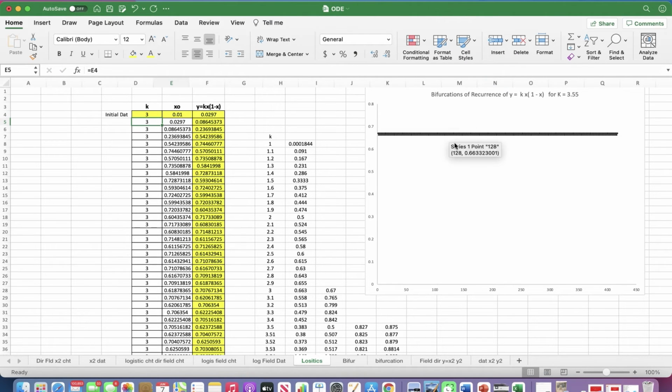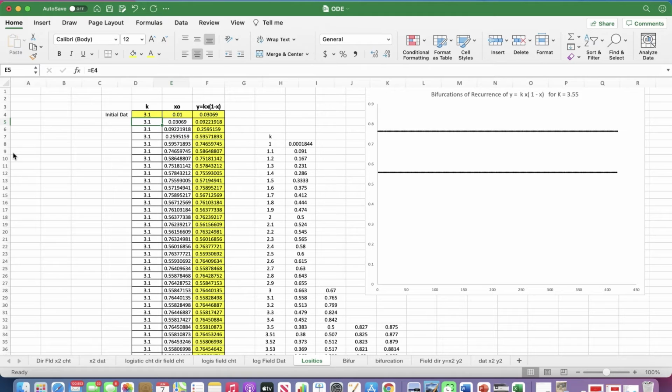And when you start getting into the 3s, you can see it's beginning to split. You can see the line has gotten very thick here. It's actually come to a point where it's bifurcating. So for k equals 3.1, we have a very definite bifurcation between two values.